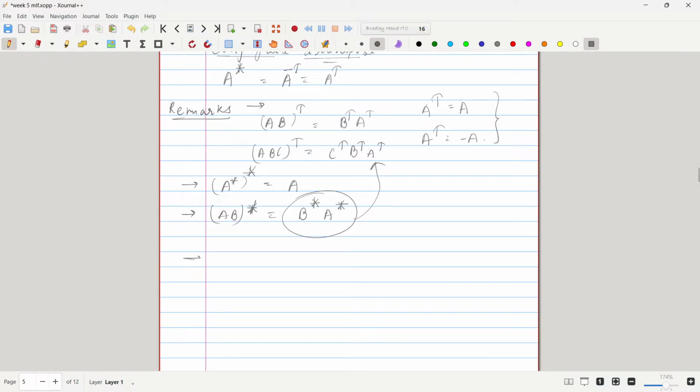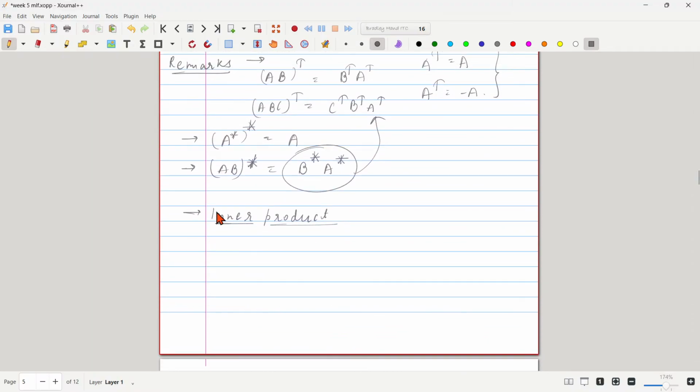Now the next topic is inner product. Suppose x dot y is equal to x conjugate transpose y, which is x1 conjugate y1 plus x2 conjugate y2 and so on up to xn conjugate yn.